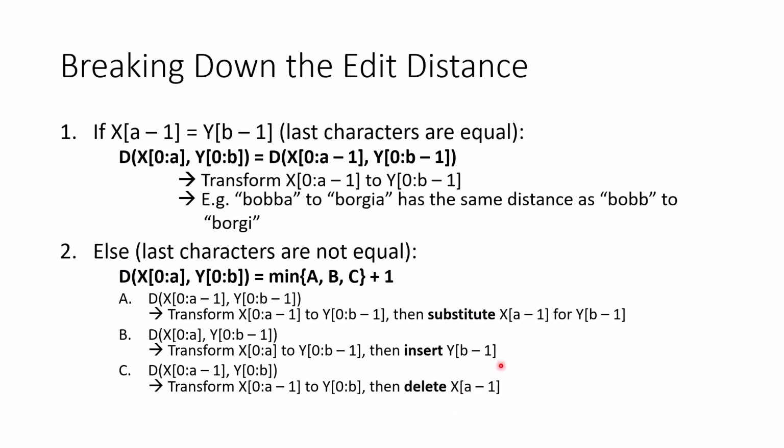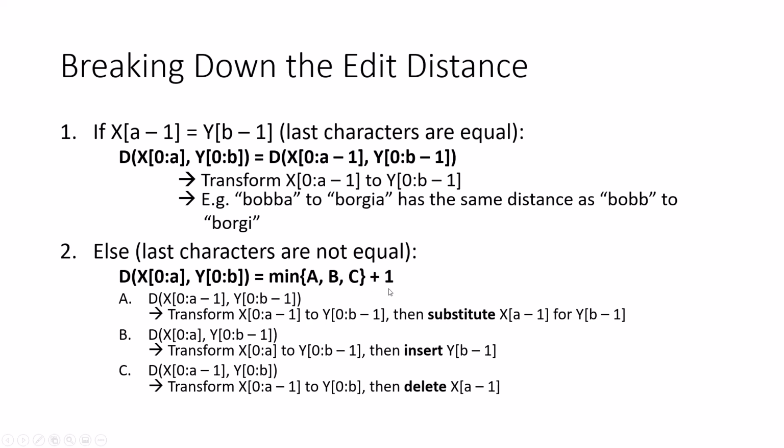That's just going to be one operation, plus whatever the distance is from x of 0 to a minus 1 to y of 0 to b. So all of those are valid, and to encapsulate that, I'm going to use this min operation here. I'm going to find the minimum of all of these three distances, and then add 1, because no matter what, we had to do one substitution, or one insertion, or one deletion.